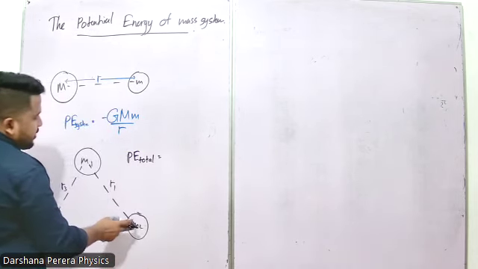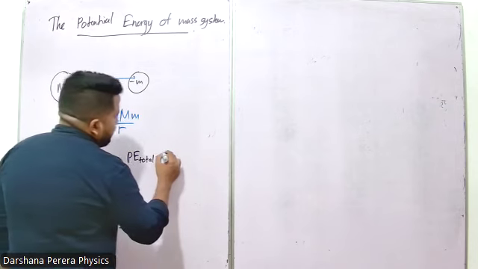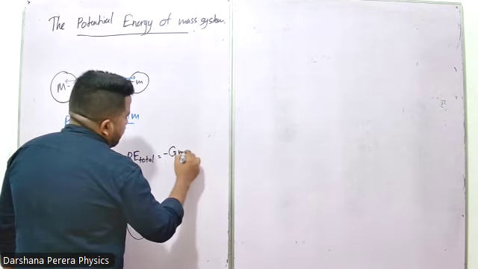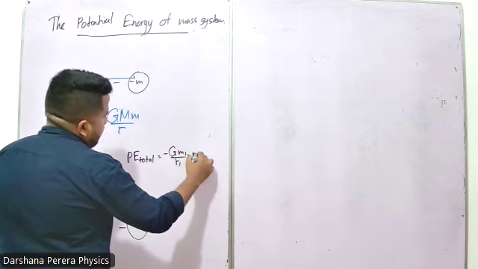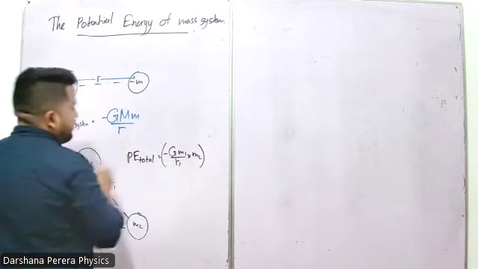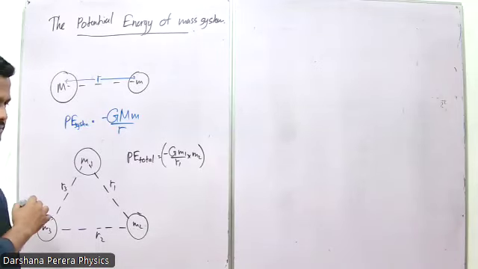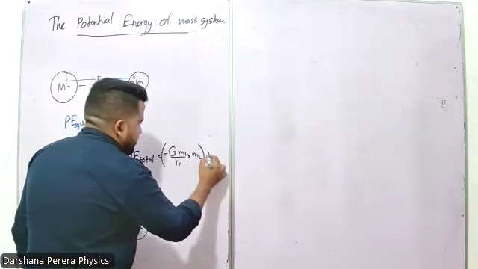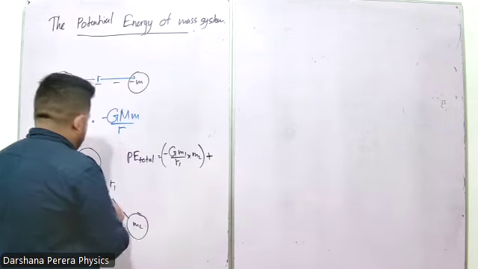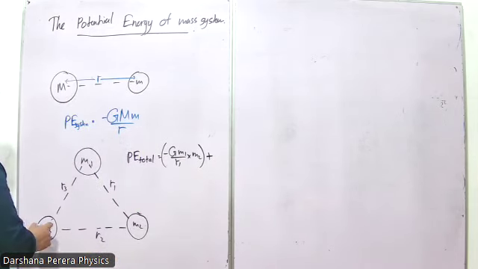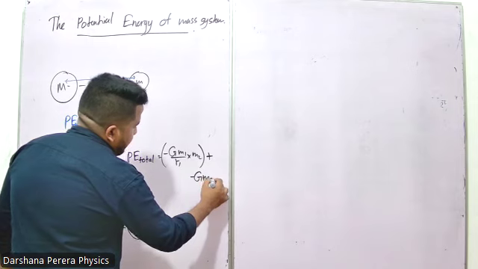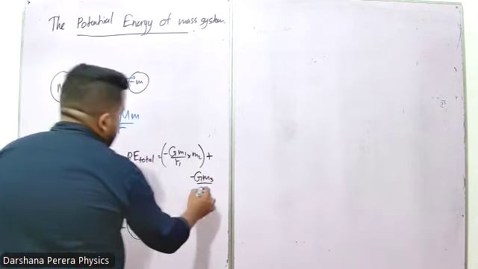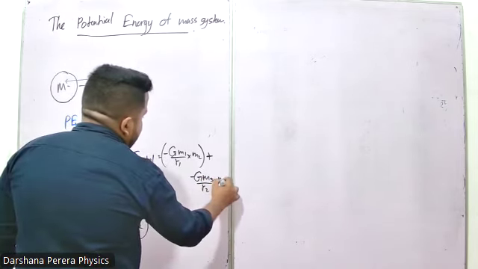M1 produces a gravitational field to M2: minus G M1 over R1 into M2. This is number 1. Then plus, M3 also produces a gravitational field to M2, so I also take that one: minus G M3 over R2 into M2.